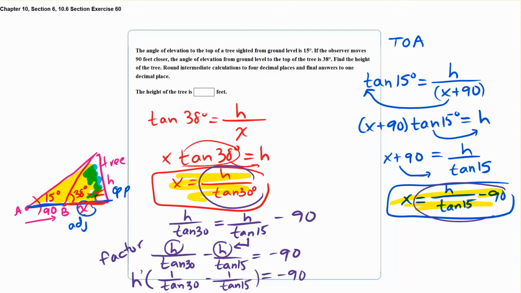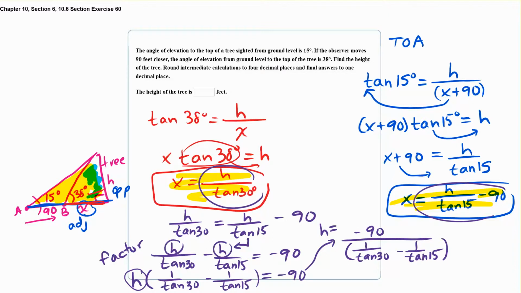Okay, so now to get h alone, I can divide by this entire thing. So now I have negative 90 divided by 1 over tangent 38 minus 1 over tangent 15. And that's going to be what the height, h, equals.